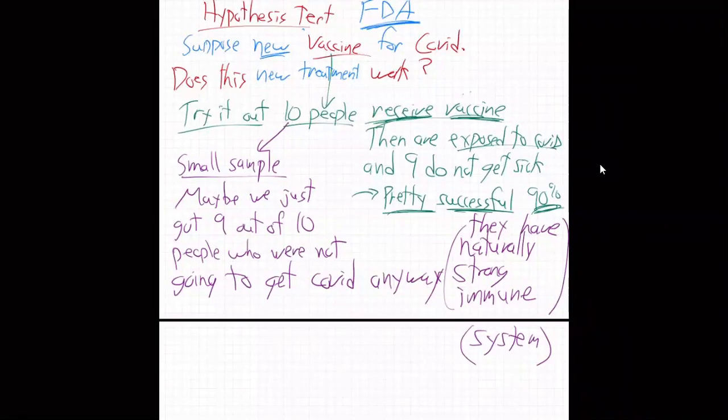By random luck, you could have gotten 9 out of 10 that just had a really strong immune system, right? Some people do. They say most of the younger folks have really strong immune systems, and they're fine. They're maybe not going to get it at all, right?